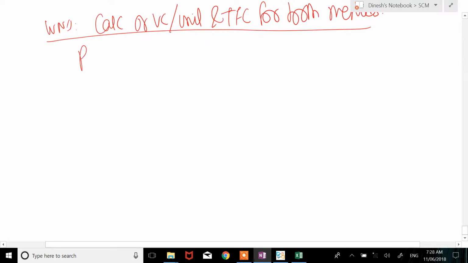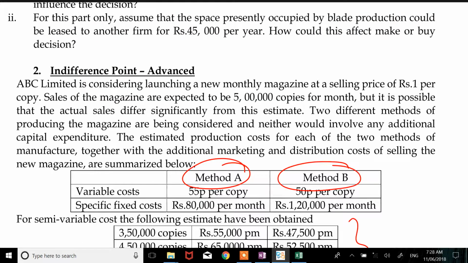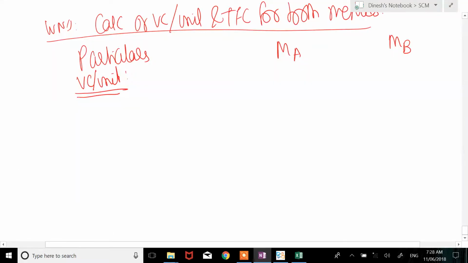Particulars, method A, method B. VC per unit.